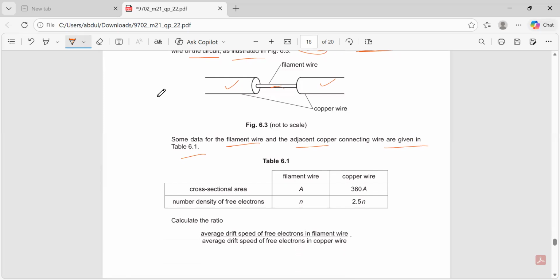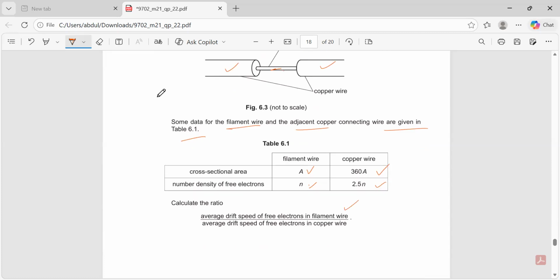Filament wire area of cross section is A and number density of free electrons is N. Here current is 360 ampere in copper wire and number density is 2.5 N, meaning 2.5 times more than filament wire. Calculate the ratio of average drift speed of free electrons in filament wire over the average drift speed of free electrons in the copper wire.